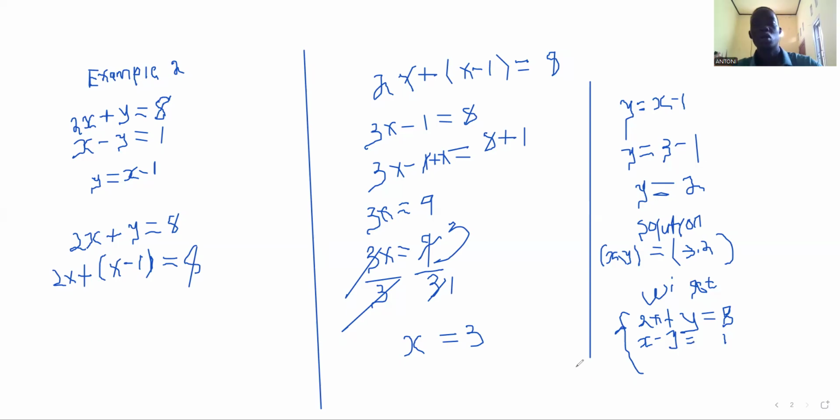So this is what we do, and this is how we solve all the linear algebra in the concept of the system of linear equations. Sorry, because I'm using the whiteboard on the computer, and sometimes writing on the whiteboard cannot make things clear.